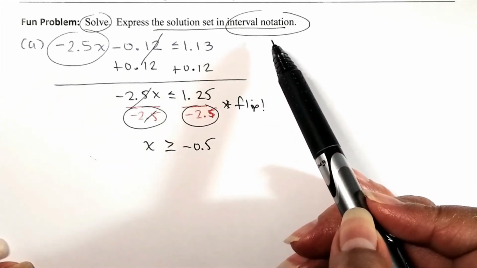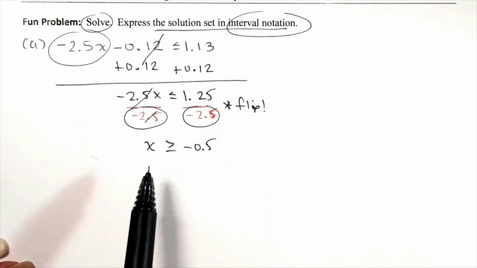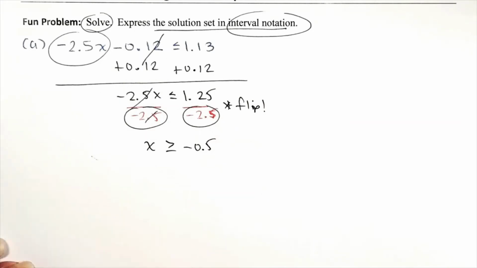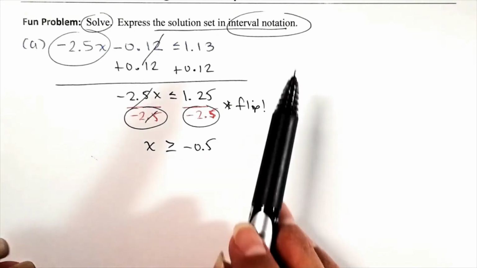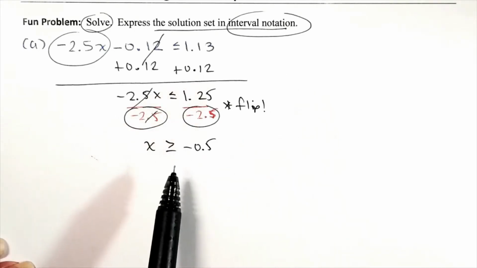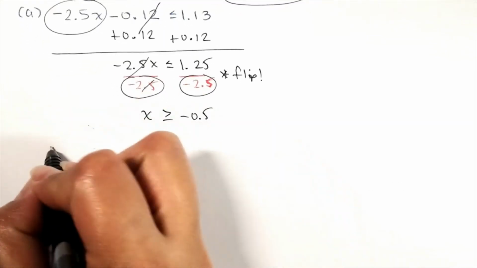Cool. I want to point out that nowhere in the directions does it say that we have to graph it, but for me, if I ever have to express an inequality using interval notation, I will always graph it because I need it. So we're going to bust out a number line.